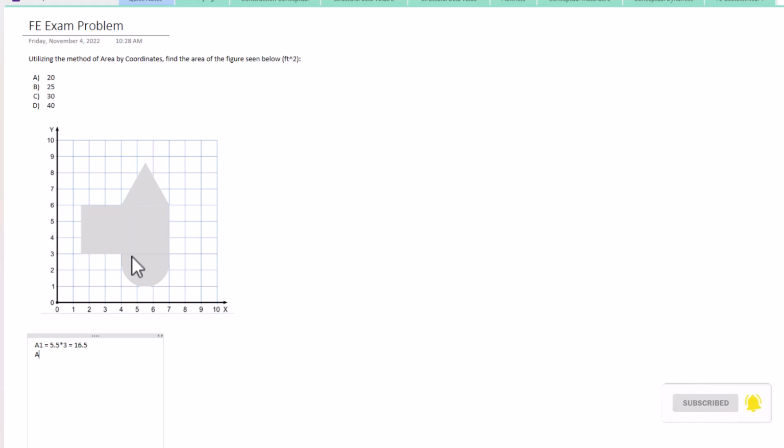Now for the next area, we're going to go with this semicircle here. For the purposes of this problem, I'm going to assume this is the entire semicircle. I know it doesn't completely cover each part of it, but we're just going to go with it for our estimate. So we can see this is a half circle. We know the equation for the area of a circle is pi r squared. The difference is now it's going to be pi r squared over 2. So what is likely the radius of this circle?